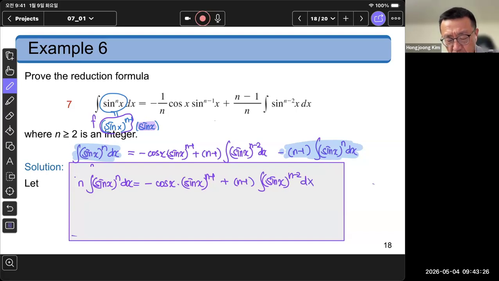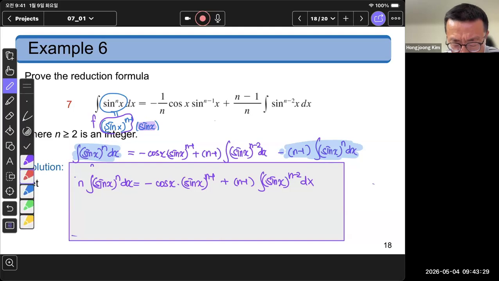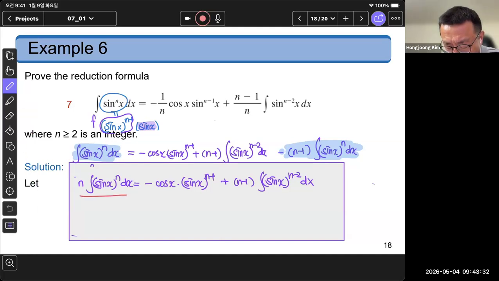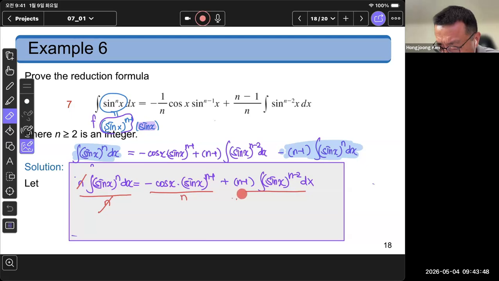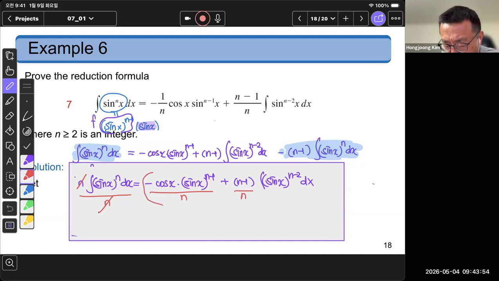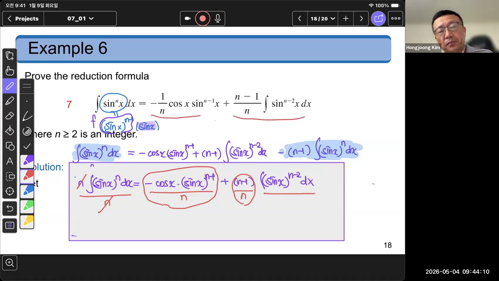Okay, so if I divide these terms by n, then this n will be cancelled, and you have this plus n minus 1 over n times the integration of sine x to the n minus 2. So those are these two terms here.